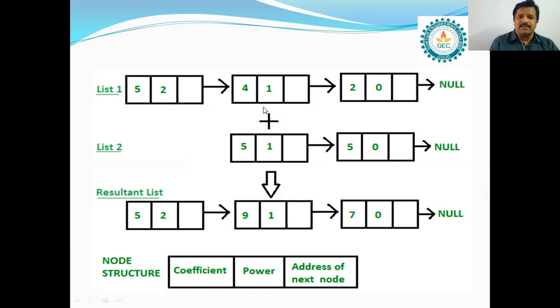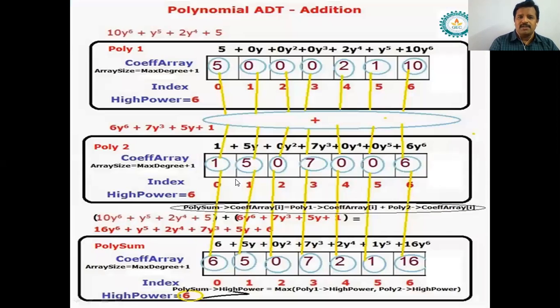This is the first expression. What is the second expression? 5x plus 5, right? Here in the second expression, there is no x square term, so we can represent it as it is in the first node, 5x square. Next, the second term is 4x in the first expression and 5x in the second expression.